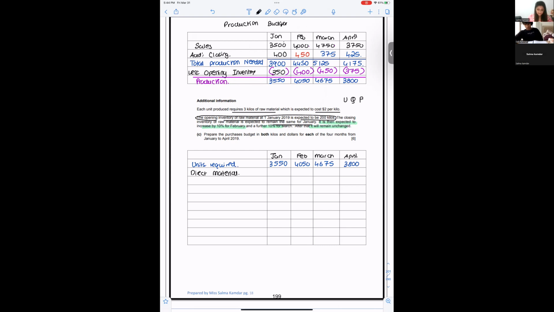Per unit I need 3 kgs, so 3 into 3550. Each unit produced requires 3 kg of raw material.